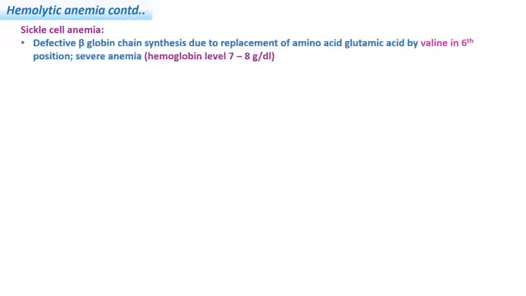Let us discuss about the sickle cell anemia. Defective beta globin chain synthesis due to replacement of amino acid glutamic acid by the valine in sixth position causing severe anemia. Confirmed by hemoglobin electrophoresis.